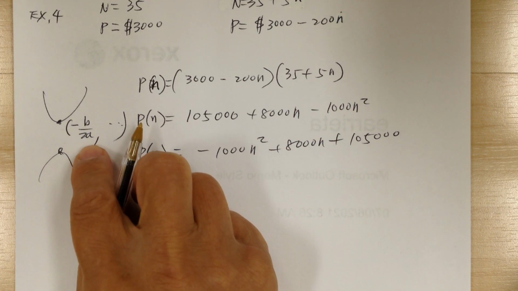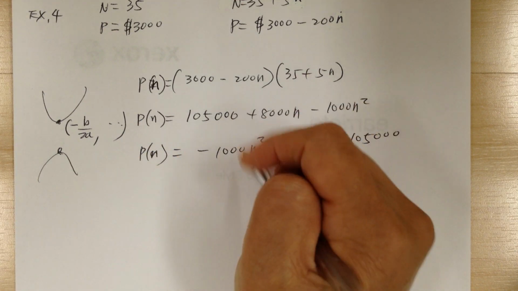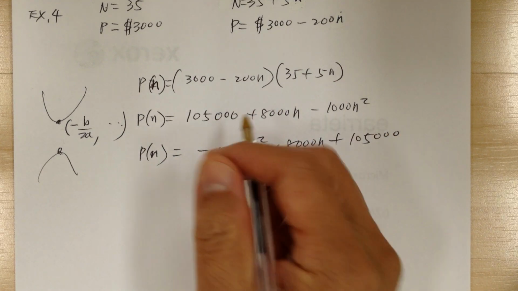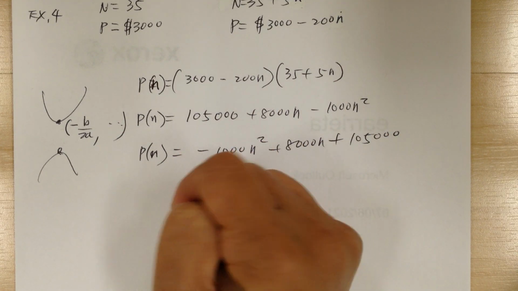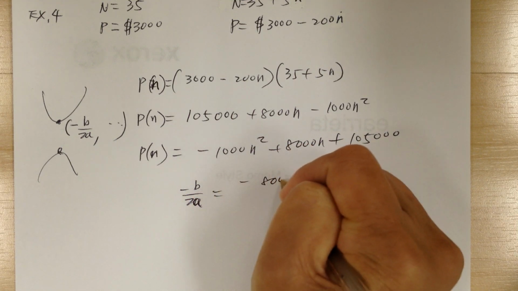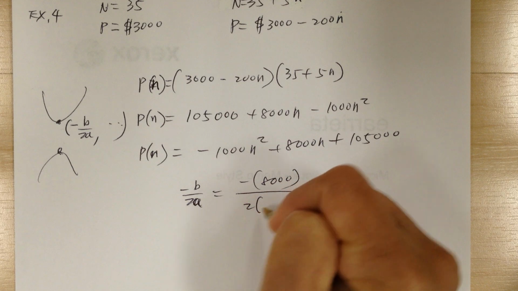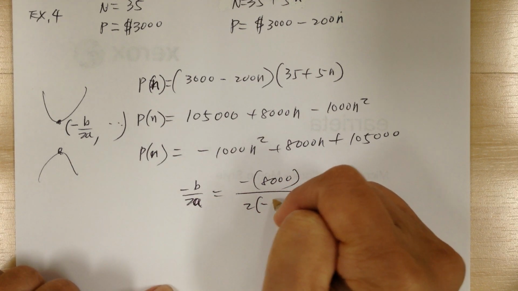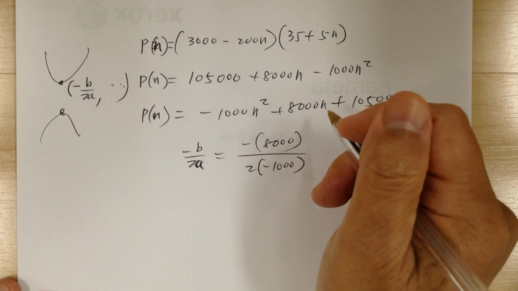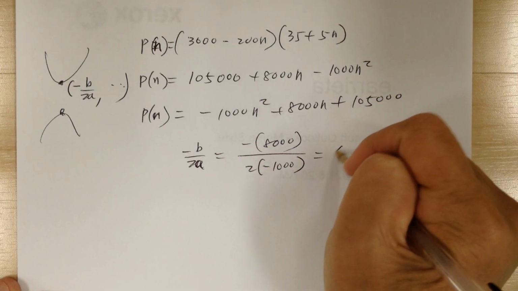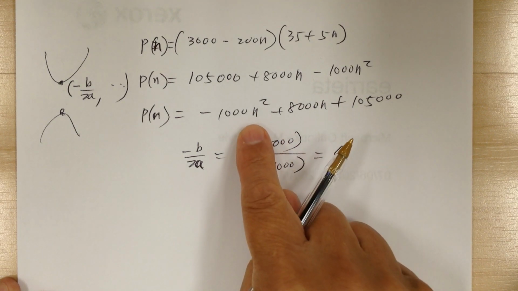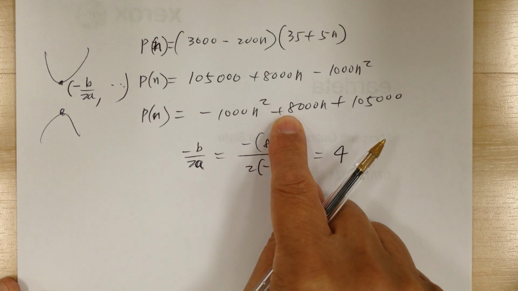So that's your x. So negative b over 2a will equal negative 8,000 over 2 times a, and this will equal 4. So that means when n equals 4, we get the maximum profit.